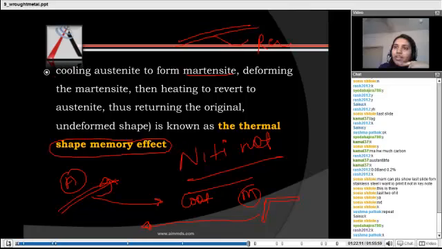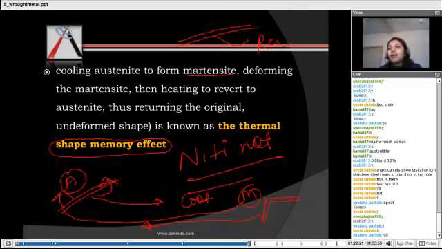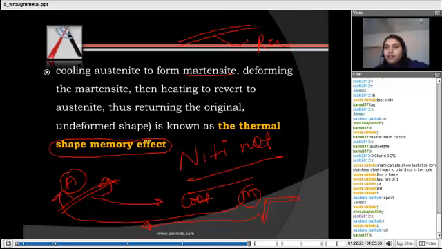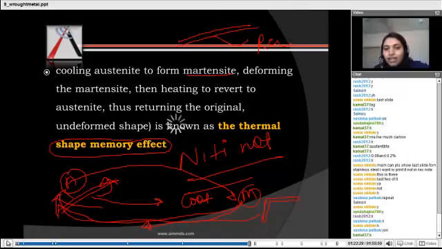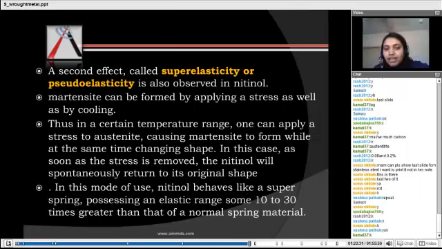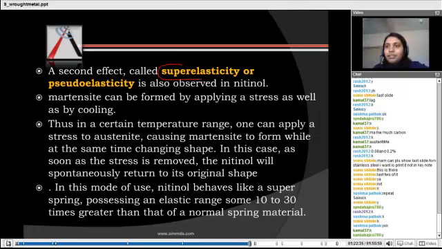In the oral cavity, it will get heated because of the oral temperature, so it will come back to its original shape because now martensite is getting converted to austenite again. So because of this austenite to martensite and then martensite back, it has its shape memory effect. Getting the point?